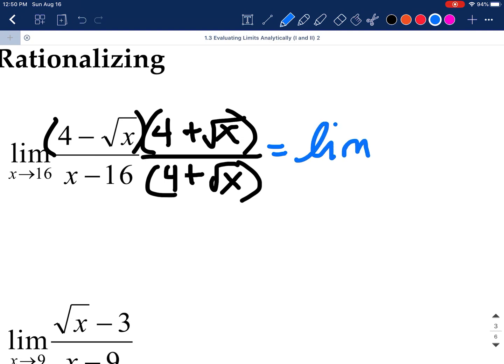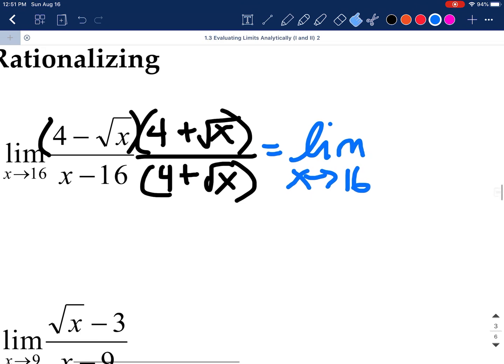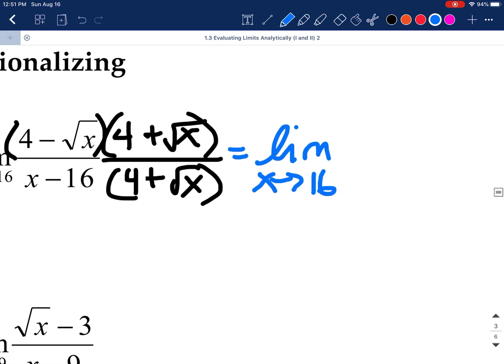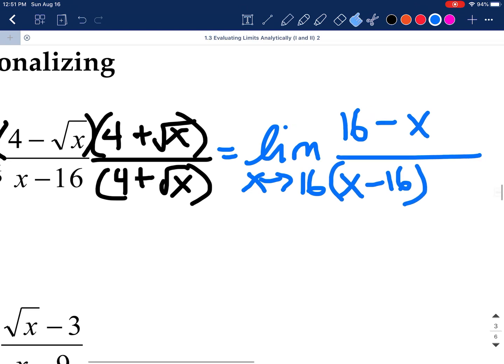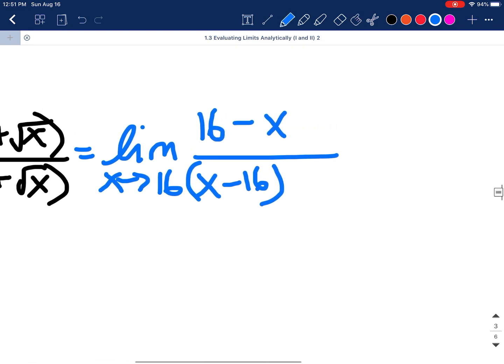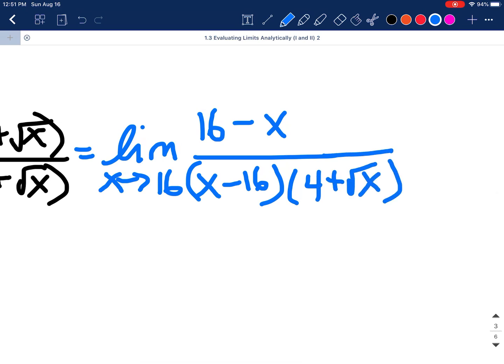Okay, so we'll have the limit as x approaches 16. So now the benefit of rationalizing is that our numerator is just a difference of squares. So it's going to be 16 minus x in the numerator over, I still have x minus 16, and then that's going to be times our conjugate, 4 plus rad x.